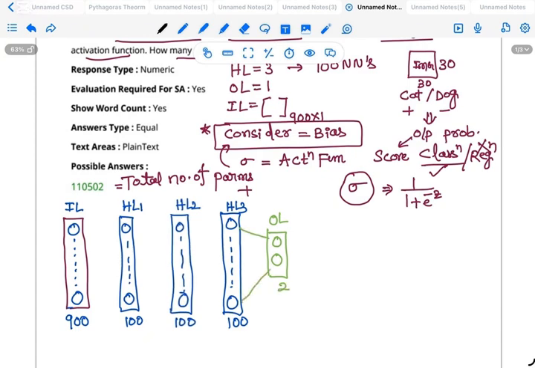In the input layer the bias is 0, that is, no bias term is required. Here bias is required, here in this layer also bias is required, and in the output layer also.